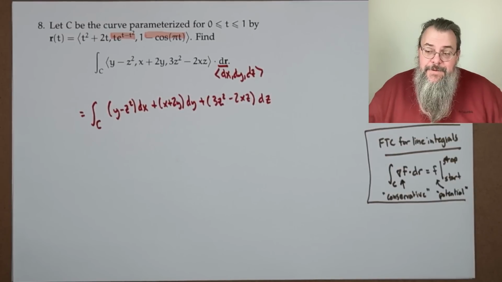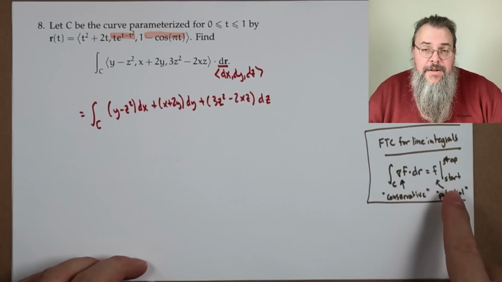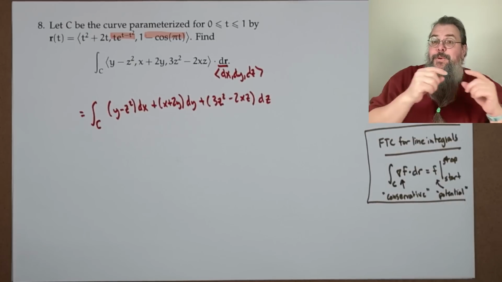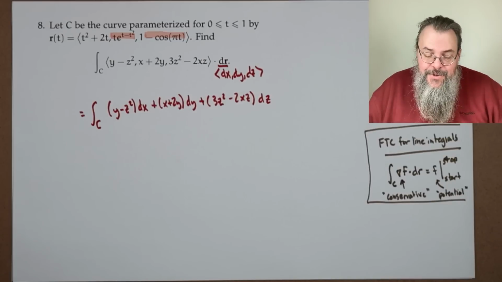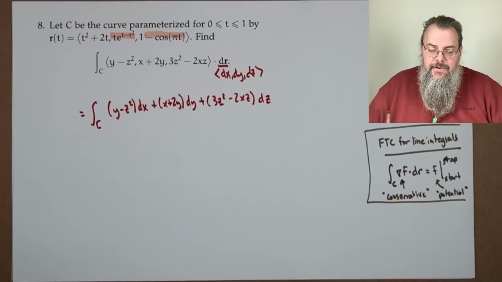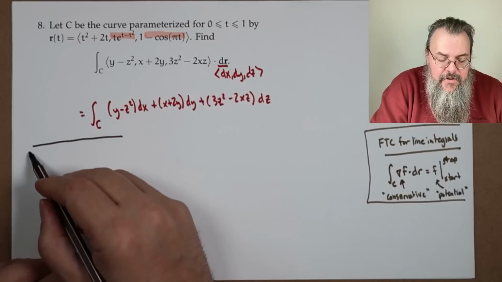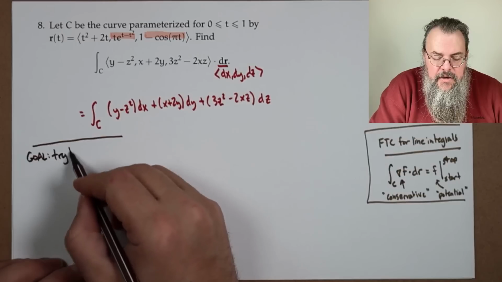Let's see if this is a conservative line integral. So then the problem really boils down to, what's the potential? What are the endpoints? So before we worry about endpoints, let's see if we can actually use the theory. So our goal, try to find an f. All right, so now that's our intermediate goal. Try to find our potential.